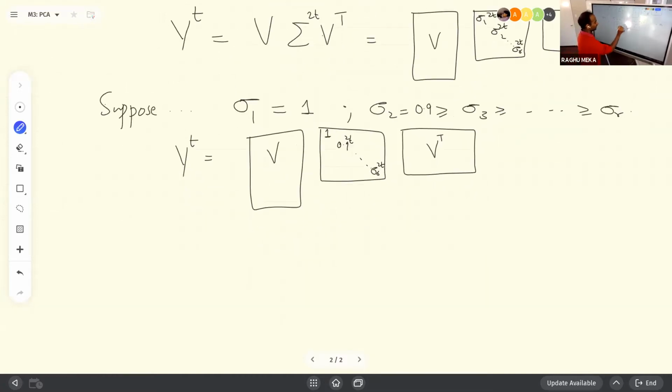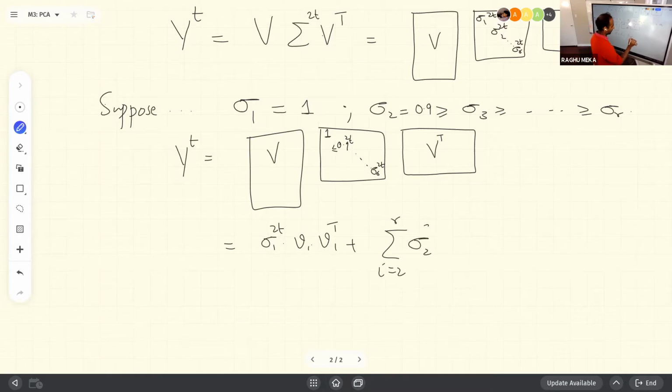So this is something like, this is less than or equal to. So I can write this as summation i equals 1, so let me write it as sigma 1 to the 2t times v1 transpose plus the rest. So the vi's are staying the same, but the sigmas are being raised to higher and higher powers.